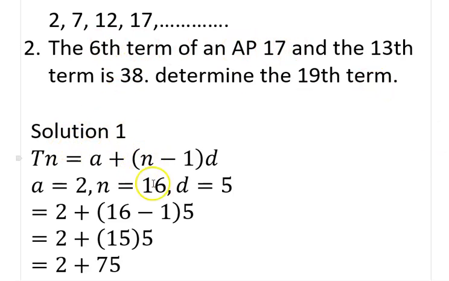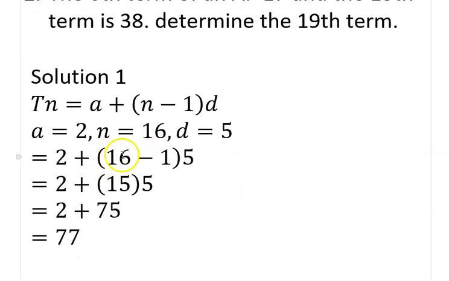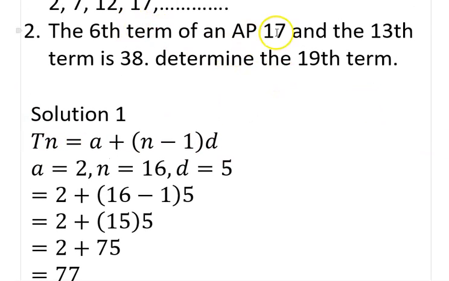I just want this to be clear that the 16th term now is this 77. That means it is 77 that is here. That's the nth term. Now, this time around, we are given the n and the nth term, and we are given another n and the nth term. So when n is 6, the nth term is 17.